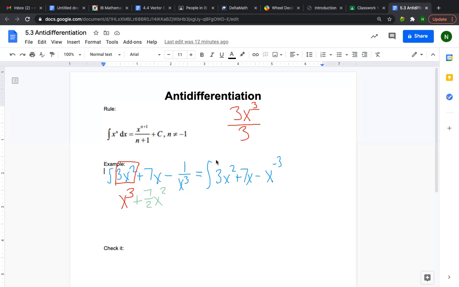And then the last one is where it gets a little bit trickier, but I'm going to add 1. So I have x to the negative 2 power and divide by that negative 2. But I already have a negative 1, so a negative divided by a negative becomes a positive.